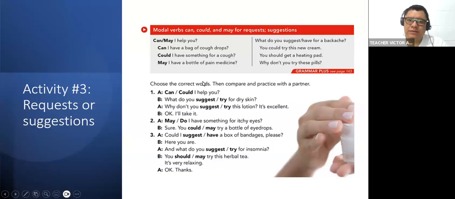Okay, so basically everyone is working on this activity. They are creating their own conversations using could, can, or may. So I will keep them just 2 more minutes and then I will close the breakout rooms.